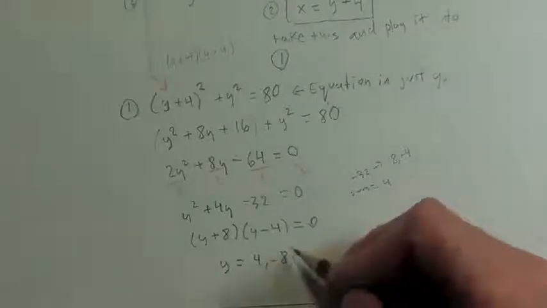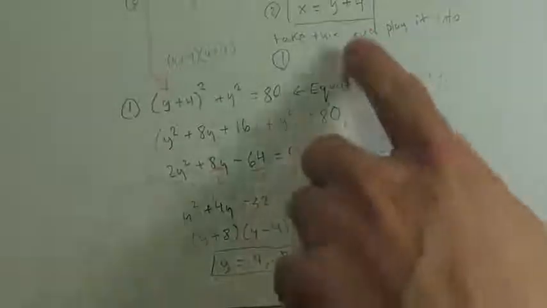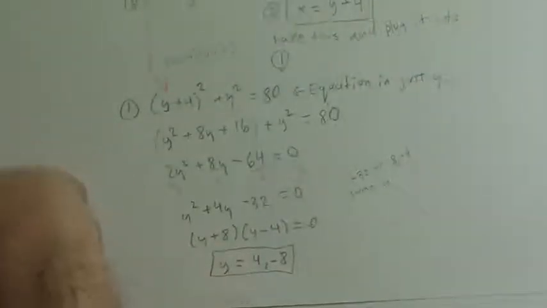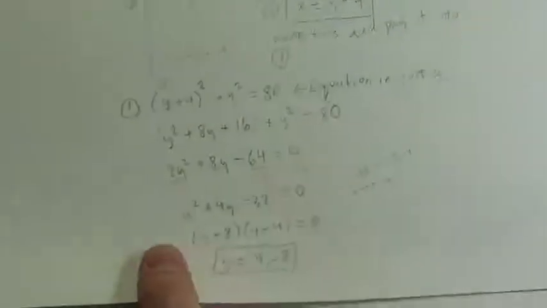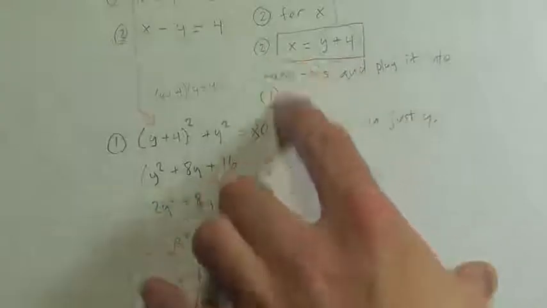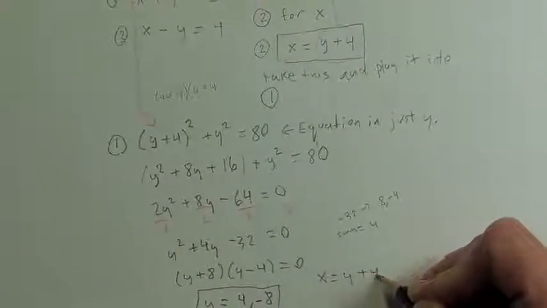Okay, so we have 2 y's. Now, when we go to find our final answer, we need to plug our y's back into this to get our x. So x is equal to y plus 4.